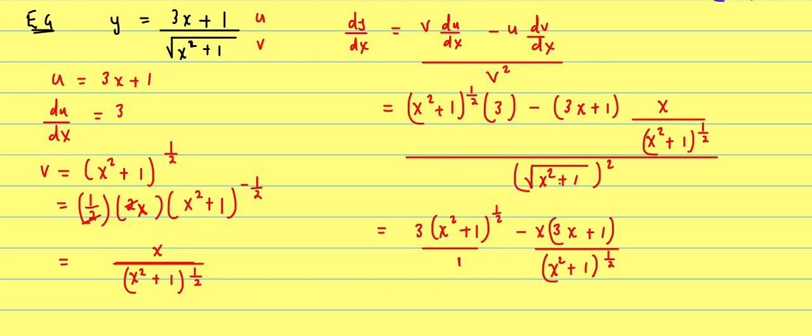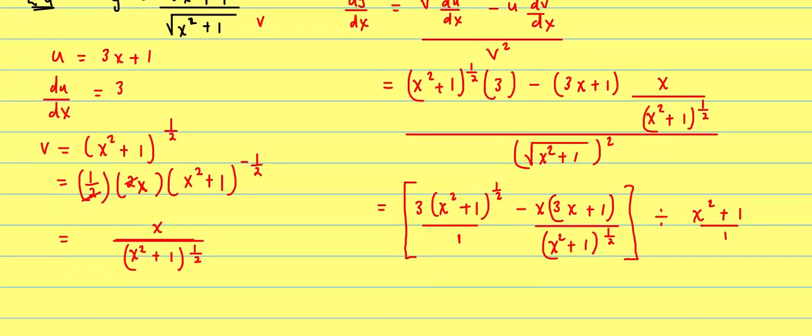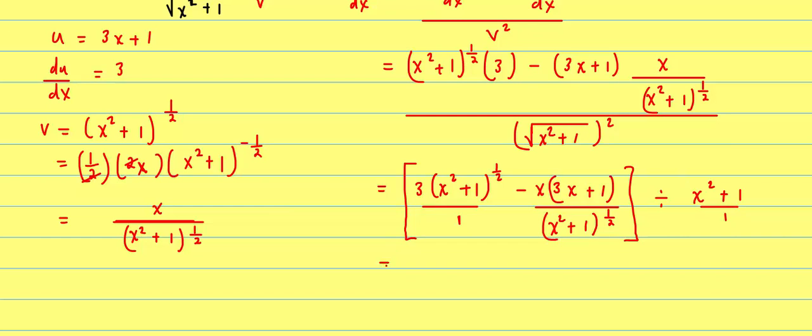The square root of x squared plus 1, squared, is going to be equal to x squared plus 1 all over 1, so this single term here must be divided by that, because this line means to divide. If I make some space here, we are going to have at the top, if we make the denominators the same, we need to multiply this one by the square root of x squared plus 1, and whatever we do to the denominator must be done to the numerator.